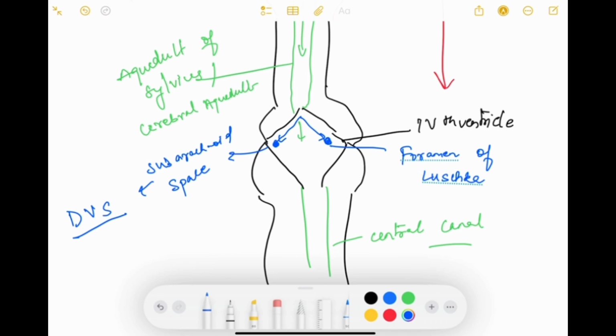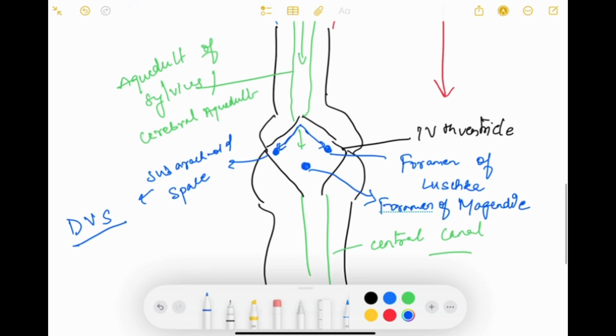The foramen of Luschka is present on the lateral side of the fourth ventricle, from which the CSF comes out, and another one is on the medial side. On the medial side we have the foramen of Magendie, and it is in the median. So we can remember very clearly that M is for Magendie, which means median, and Luschka is present on the lateral side.